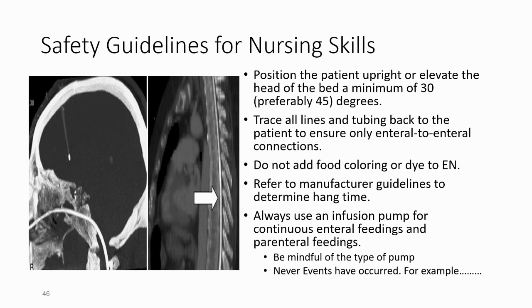And we always want to use an enteral feeding infusion pump when we're administering continuous enteral feedings, going at a certain milliliters per hour continually as opposed to intermittently. We also want to use infusion pumps for parenteral feedings. That's very important as well. But we have to be mindful of the type of pump. Don't get an enteral feeding pump confused with an IV pump.